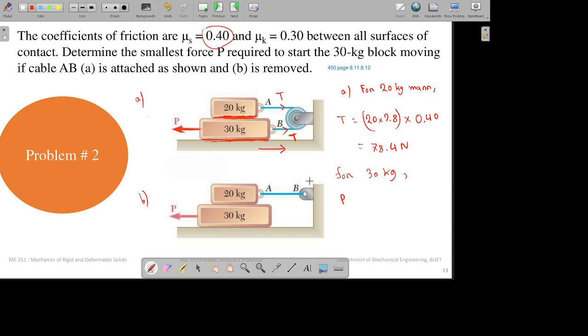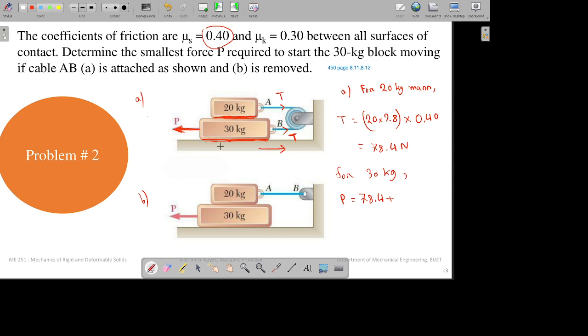So P, the leftward force, will equal the rightward force. So it will equal T plus the friction forces. Actually, we can now input the value of T as we know it. Instead of writing T, we can write 78.4 Newton over here. So 78.4 plus the friction forces. Now the friction forces will be for two surfaces.